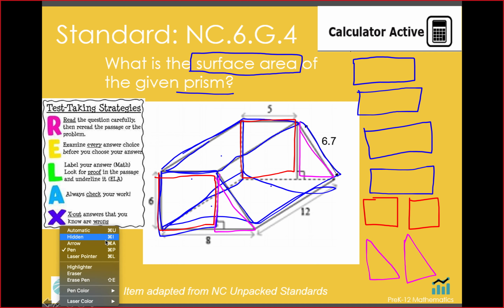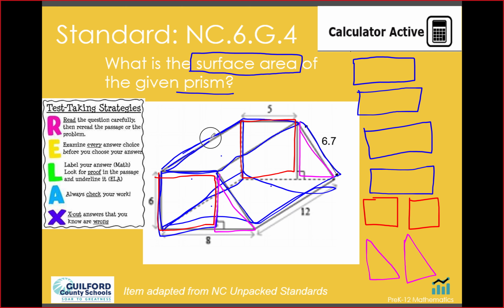So I'm going to go back to my rectangles. For my first rectangle, the one on the top that I drew, I have to find the length times the width. The length is 12. All of my rectangles have the same length, so I'm going to write 12 in all of my rectangles.